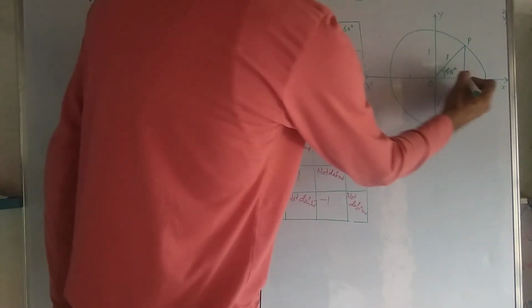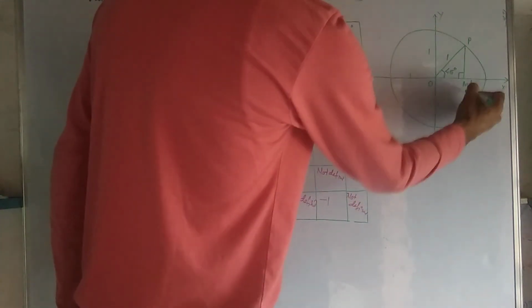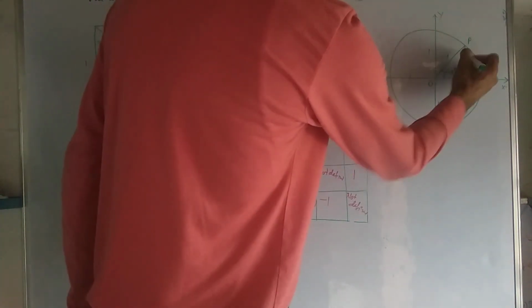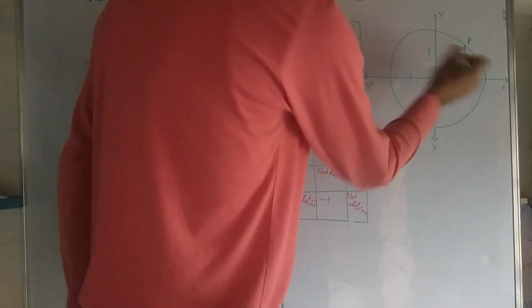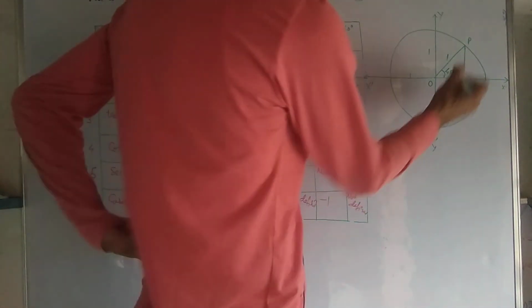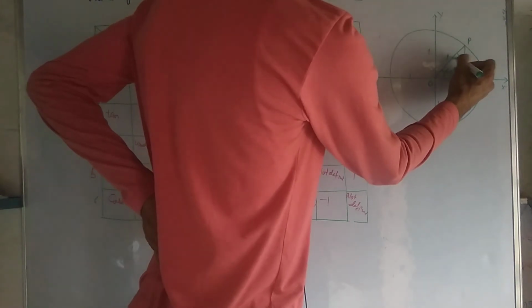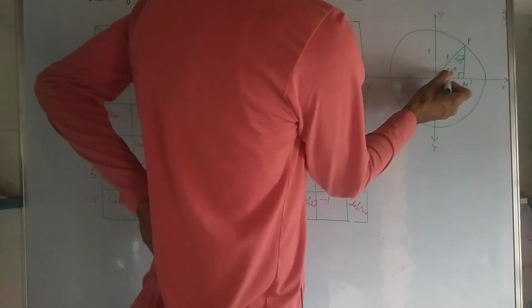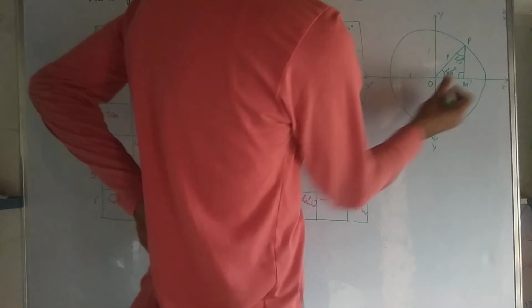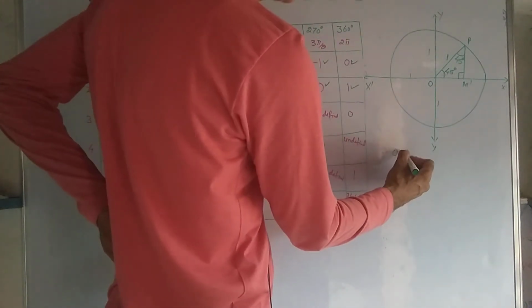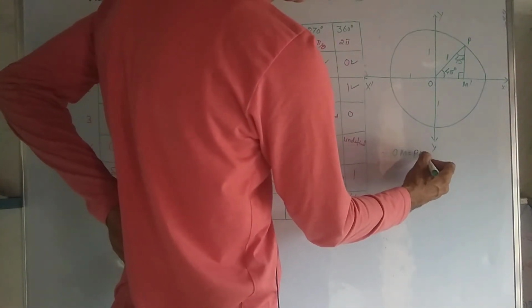Now see, this is 90 degree, PM is perpendicular on the x-axis and this is 45. The sum of the three angles of a triangle is 180 degree. So 90 degree, 45 degree, and this is also 45 degree. Since these two angles are equal, therefore OM will be equal to PM.